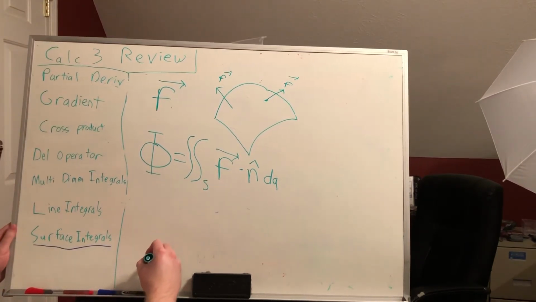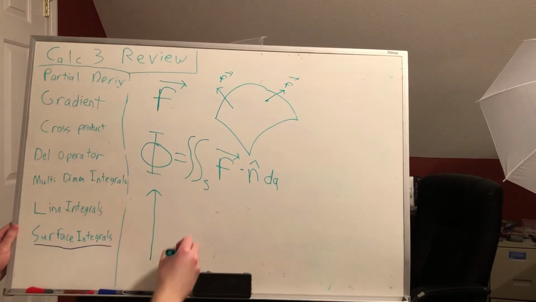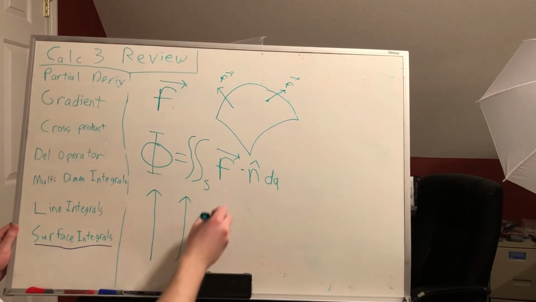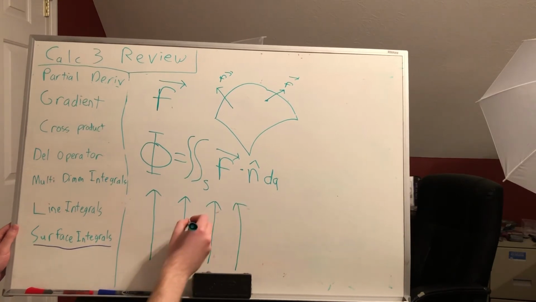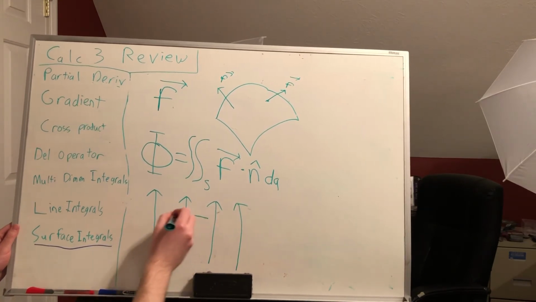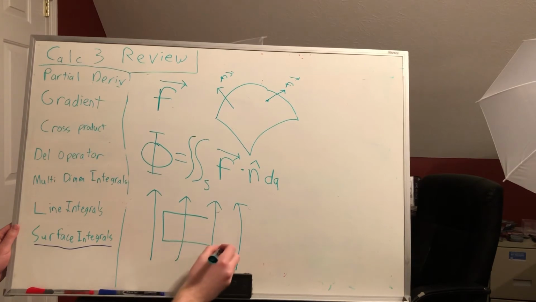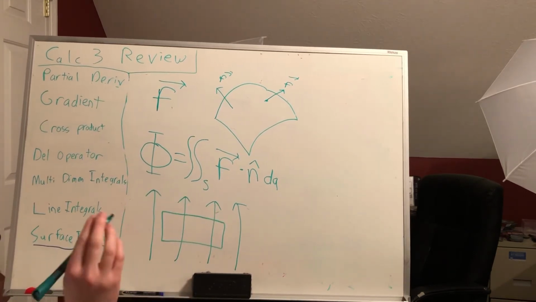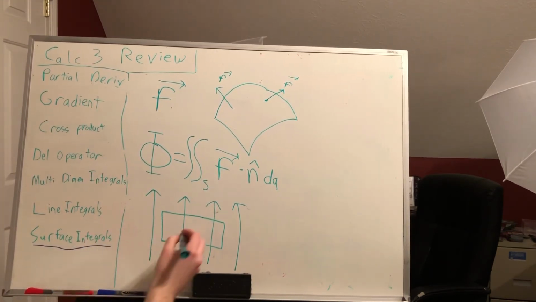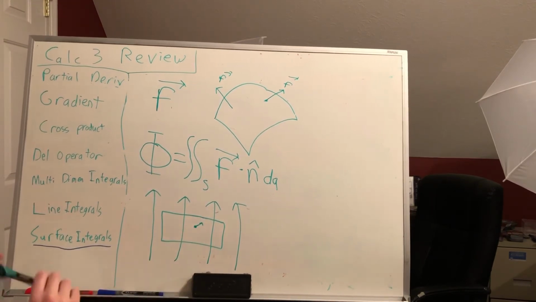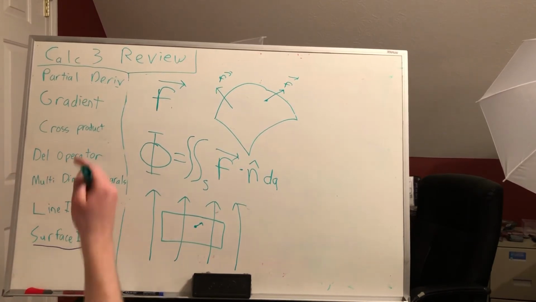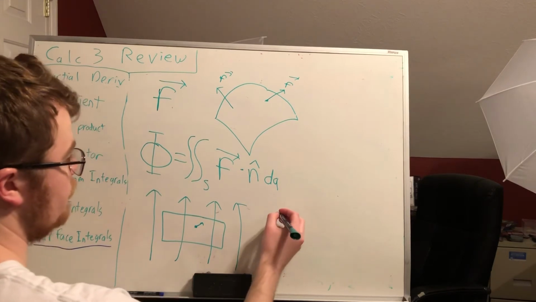Let's say we just have a vector field just like this. We have our surface. It's just a flat surface with our normal vector like this. And there's a very easy way for us to calculate flux without having to do a difficult integral.